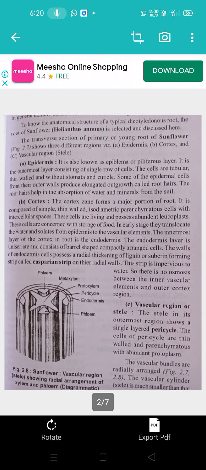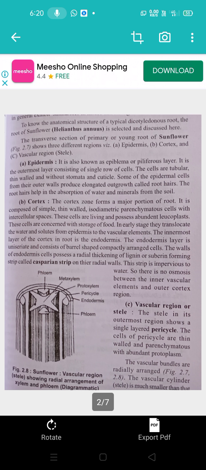The strip is impervious to water. So there is osmosis between the inner vascular elements and the outer cortical region. It's very important. After this cortical region, we study the vascular region.